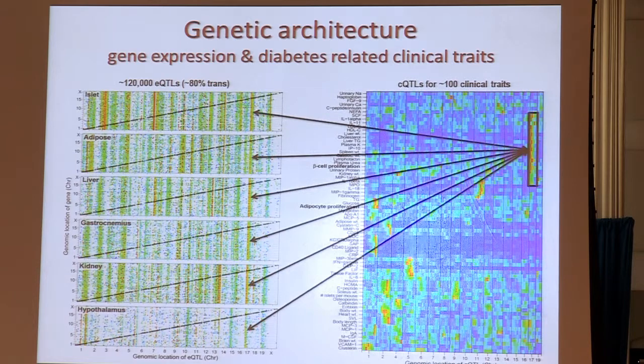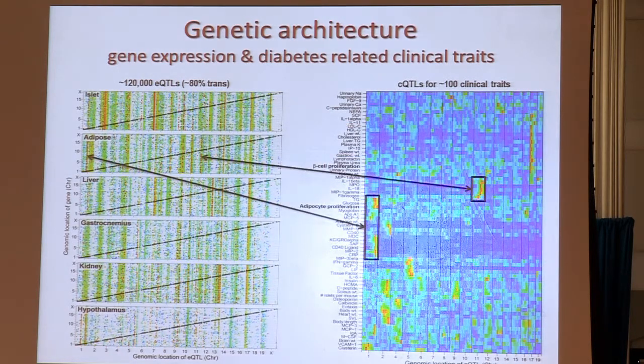And of course, we get very interested when we see a collection of traits, like here on 17. There's a whole host of traits, beta cell proliferation and others like cholesterol, that co-map with eQTL all on chromosome 17. So there's a relationship between the expression of these genes in these key tissues and these clinical traits in terms of both showing the same genetic dependence at these particular discrete loci.